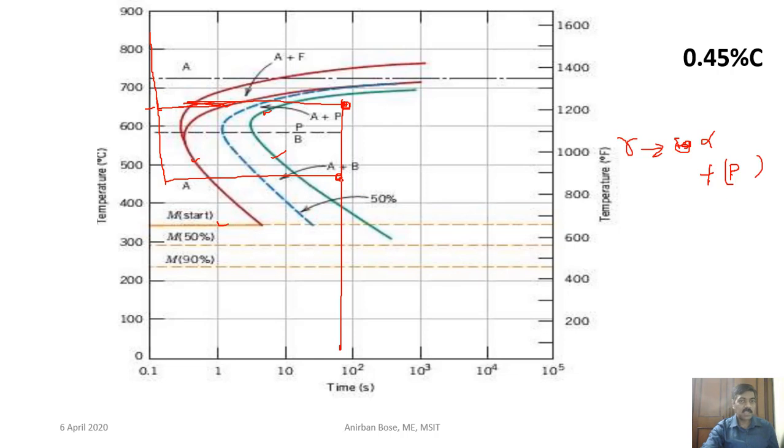You see, in this case there will be no pro-eutectoid phase. Here you can see the pro-eutectoid ferrite will be there only up to this temperature, below which there is no pro-eutectoid phase. This is bainitic start and this is bainitic finish. So it is 100% bainite.